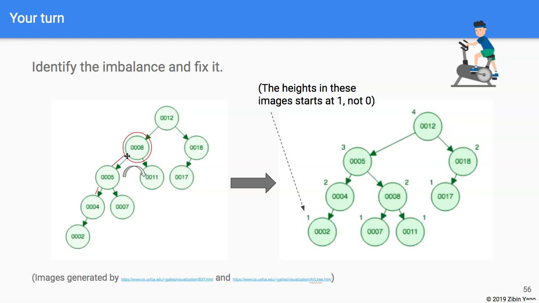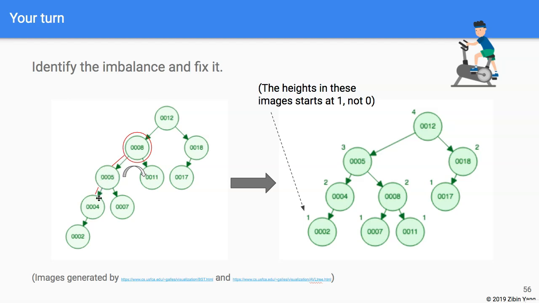Now, the next thing we want to do is identify which case it is. Is it left-left, right-right, or some other case we'll consider later? In this case, it's left-left because for node 8, the left subtree has a higher height. And then if you go down the left side, you come to node 5, and the left child of node 5 also has a higher height.